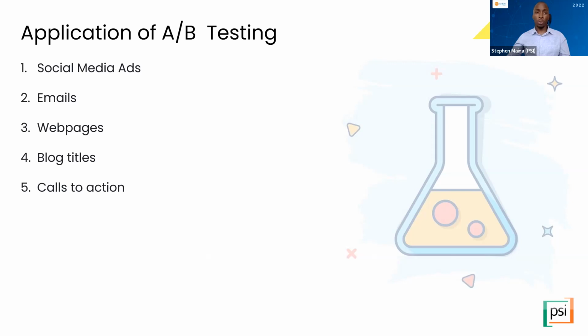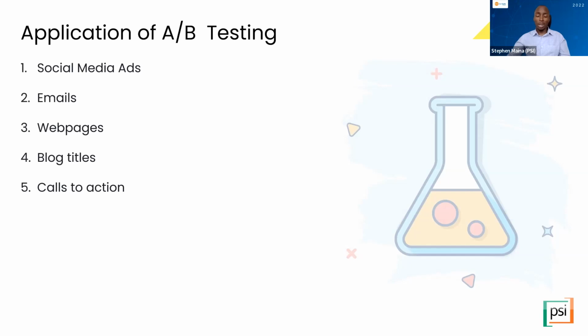So, you could use it, for example, to test out different topics and different subject lines. If I title my email a certain subject versus a certain subject, which one gets a higher open rate or response rate? Web pages is also something that has been used a lot for A/B testing, where we look at page layouts. If, for example, you have a website for a health intervention and you're still designing it and you can't quite figure out which layout works better, then this is something you could deploy for testing.